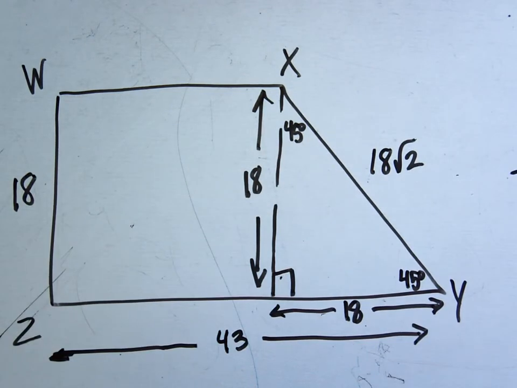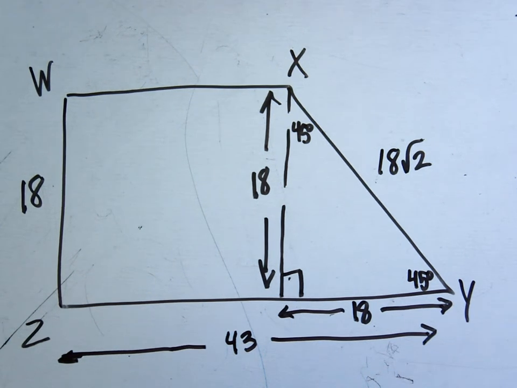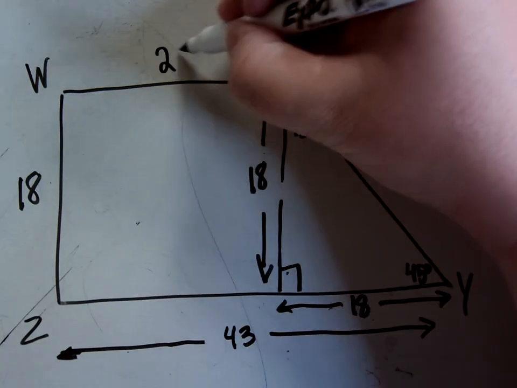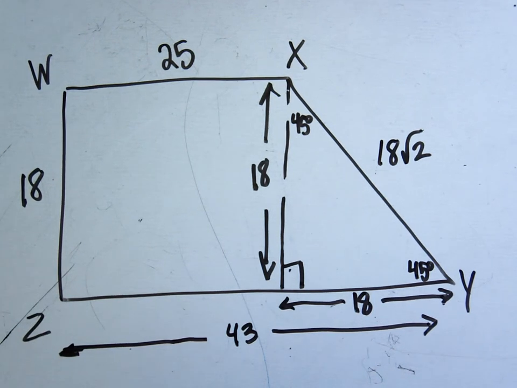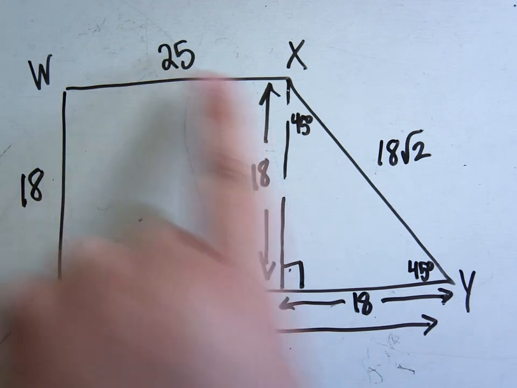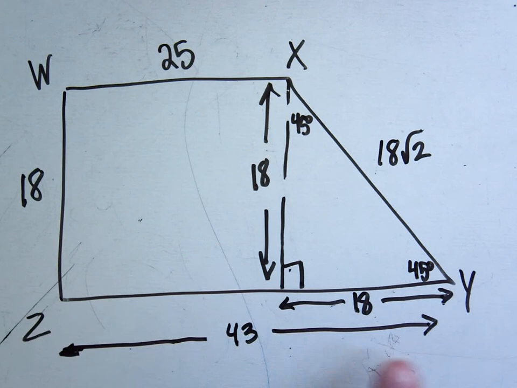Then let's see, across the top, we have, well, it also matters because 43 minus 18 tells me how far it is from W to X. So 43 minus 18 is 25, so it's 25 units from W to X. Now I can find the perimeter by adding up this, plus this, plus this, plus the 43 all the way across the bottom.